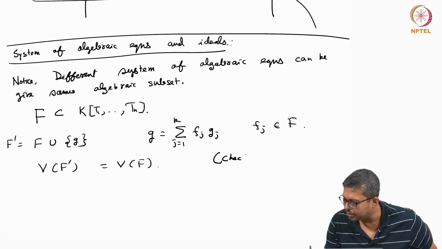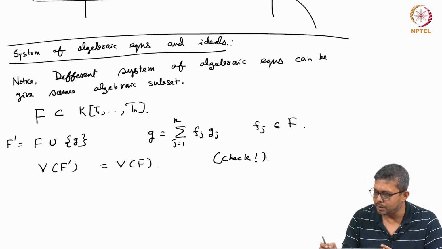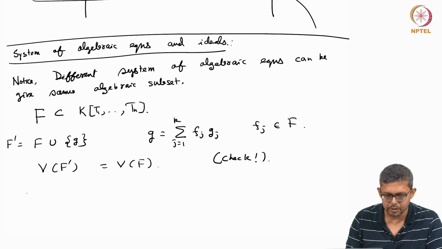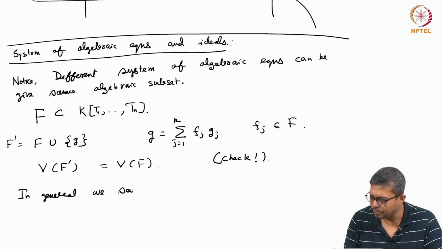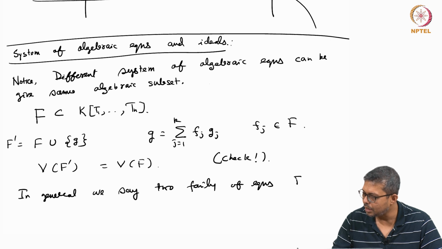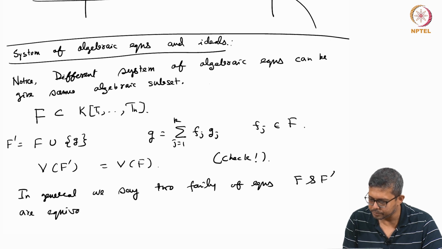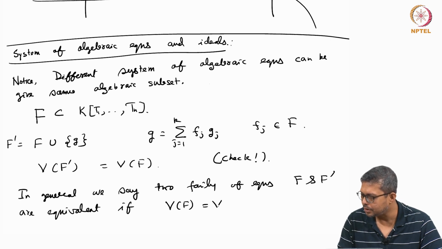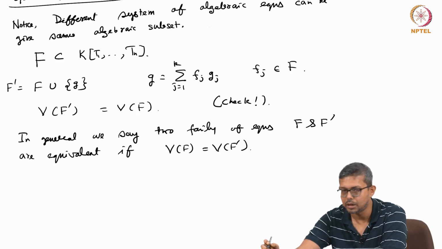You check this. So in general you make an equivalence relation among all systems of equations: we say that two families of equations F and F' are equivalent if V(F) is equal to V(F'), that is, if their solution sets are the same.